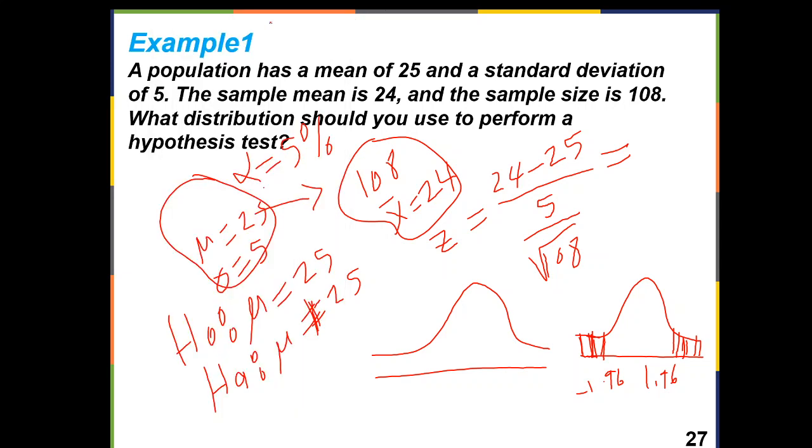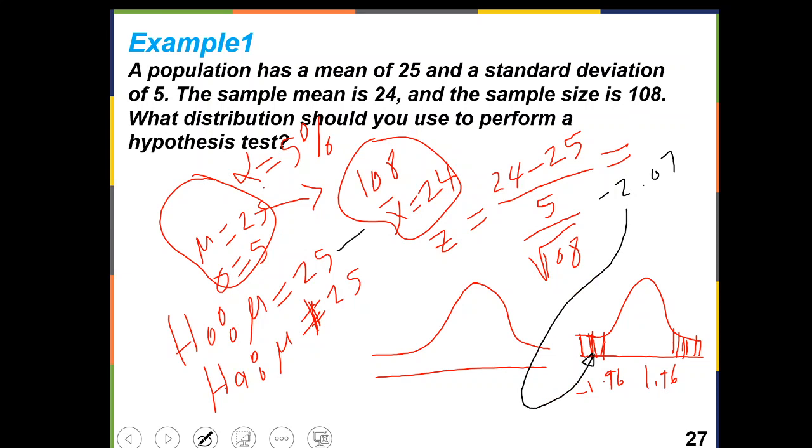Now, this is negative 2.07. This number falls inside the tail here, right? So if we were to do this test, we would reject that, at the 5% level of significance.